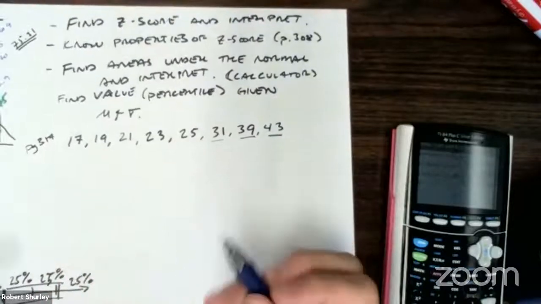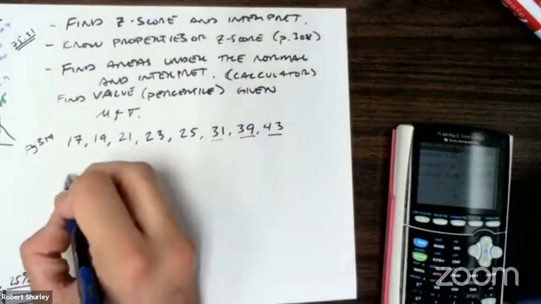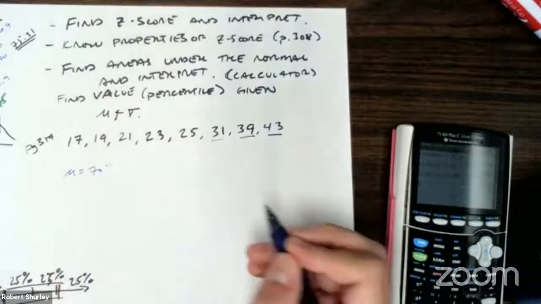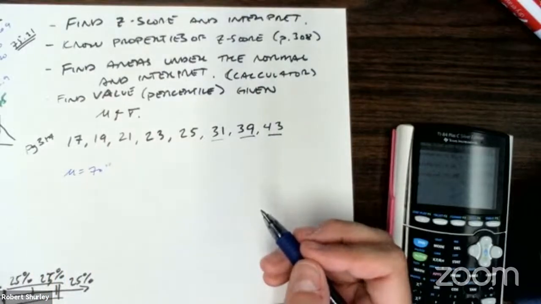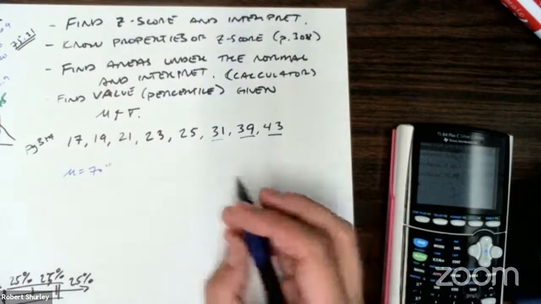Tall men. Heights of men in a certain city are normally distributed with a mean of 70 inches. Right? And 16% of the men are more than 73 inches.